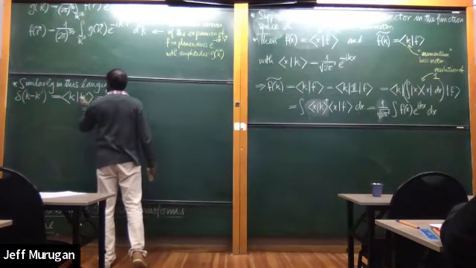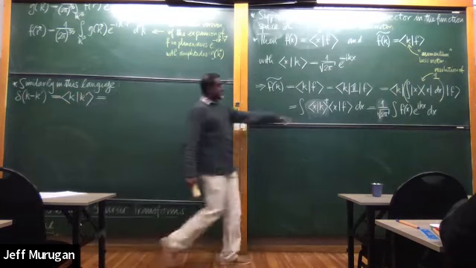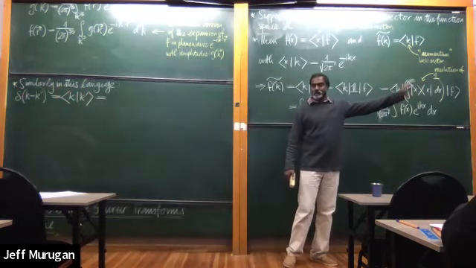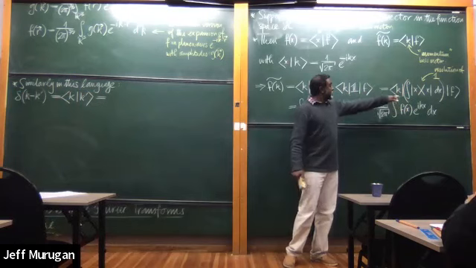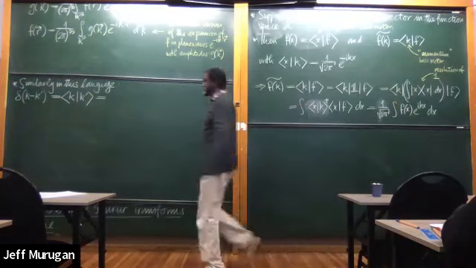Again, what we do is we insert an identity between these two and we resolve the identity in some position basis as well.